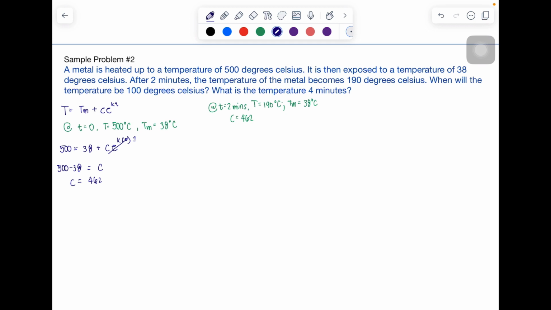So we have T at 190 is equal to 38 plus, what is C? We have 462. E to the, what is K? We don't have the K yet. And the T at 2. All right, so let's simplify. 190 minus 38 over 462 is equal to e to the 2k.